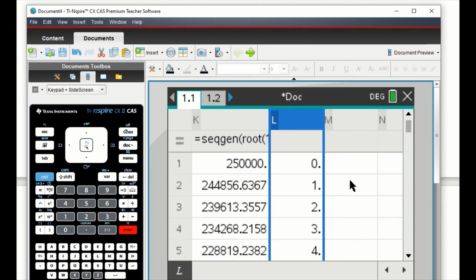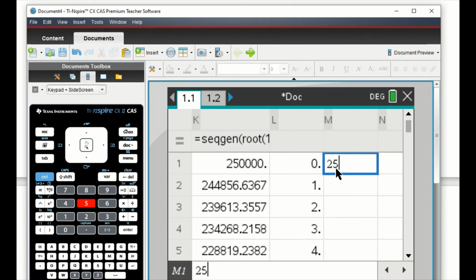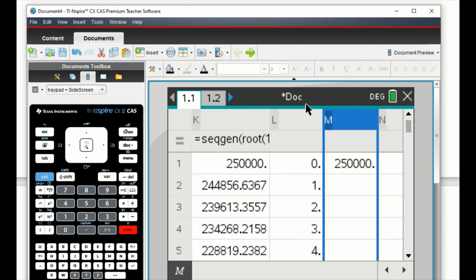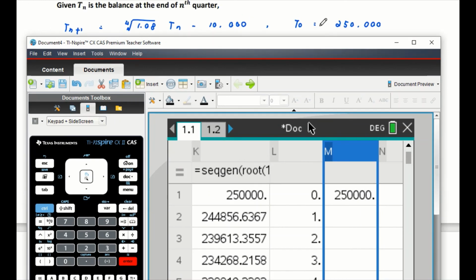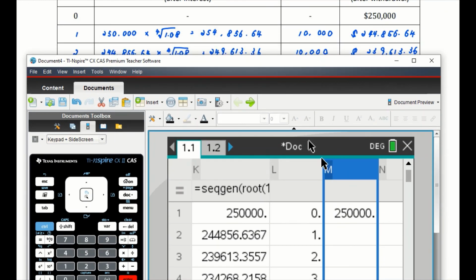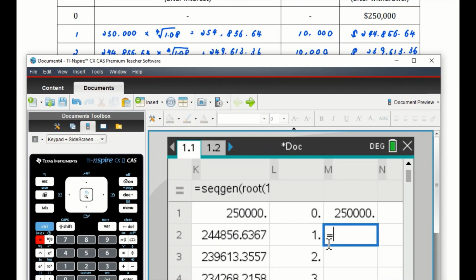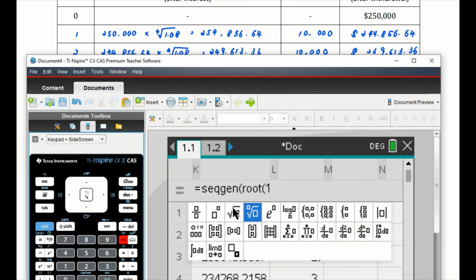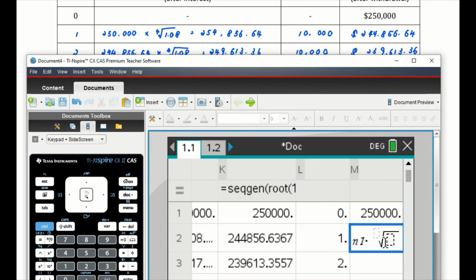Same thing, 0, we started off with 250,000. So how do you get this value? We use our first value, M1, to multiply. Same thing here, you press this, then come up with this. Maybe in your calculator it will show you root or something like this, and just type in a 4.